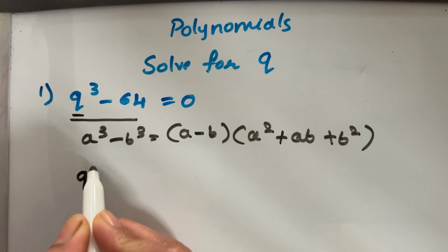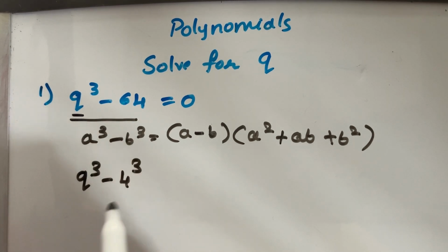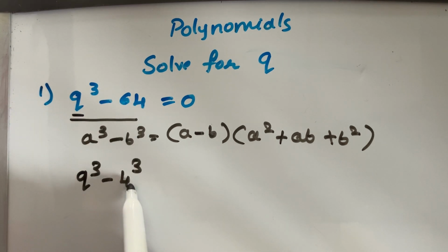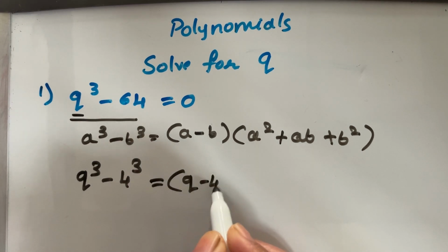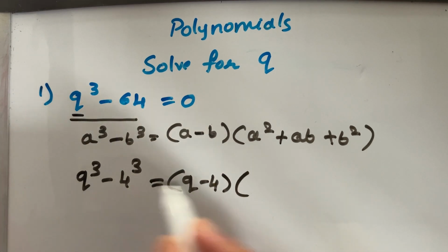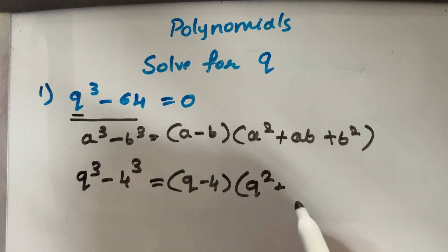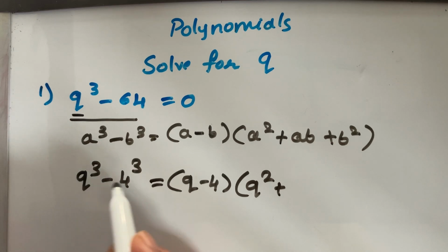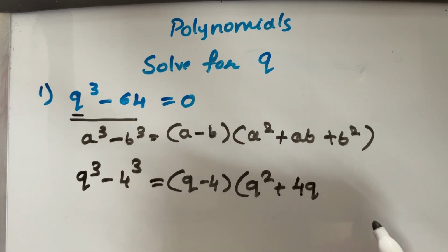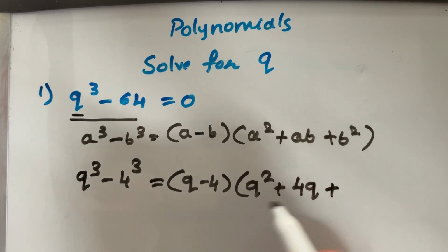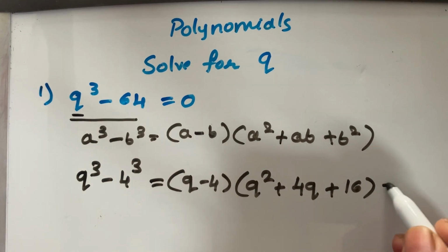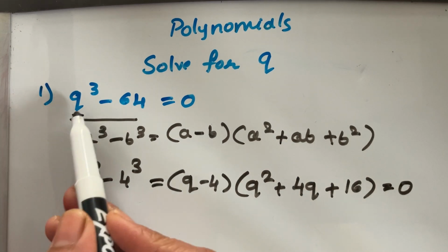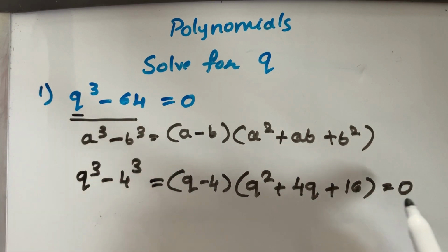So we can write q cube minus 4 cube. 64 is 4 cube, so a is q, b is 4. We can write q minus 4 times a square, that is q square, plus ab, q times 4 or 4q, plus b square, 4 square, which is 16, which is equal to 0, because q cube minus 64 is equal to 0.